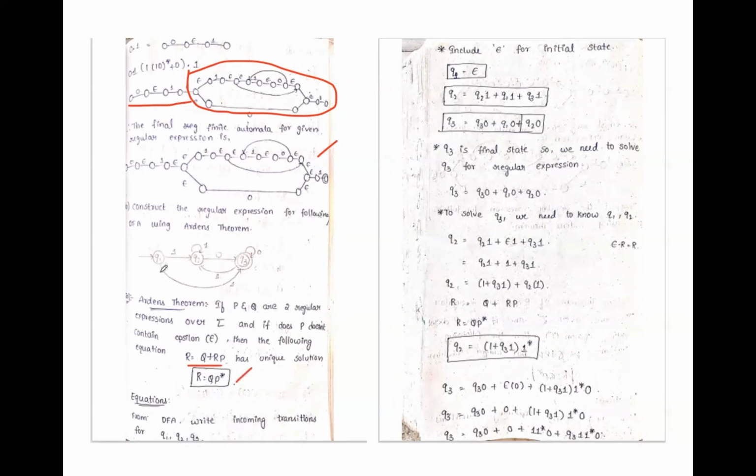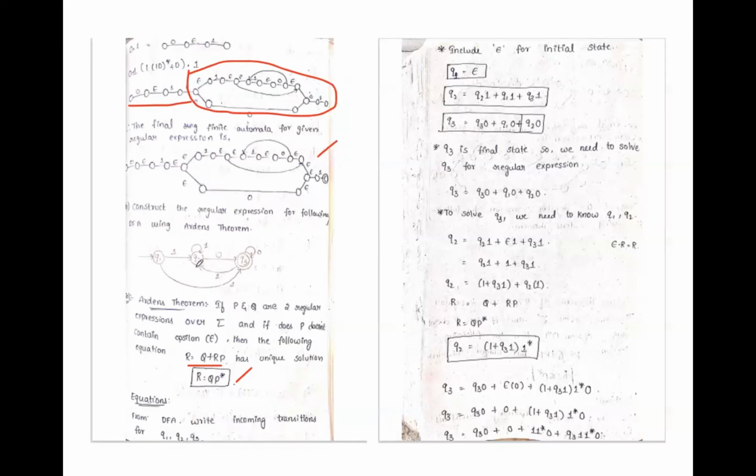First we need to find the equations. Here you need to write the equation by observing the incoming edges. For Q1 there is no incoming edge, it is not receiving input from any other state, so that is empty. As this is the initial state, we need to add epsilon to that.